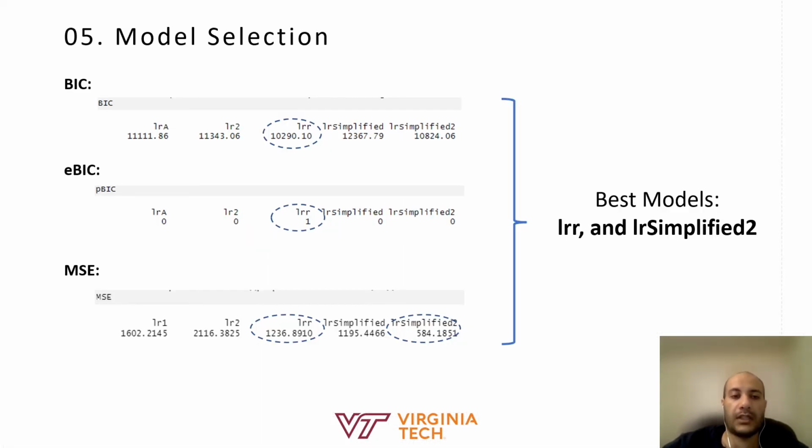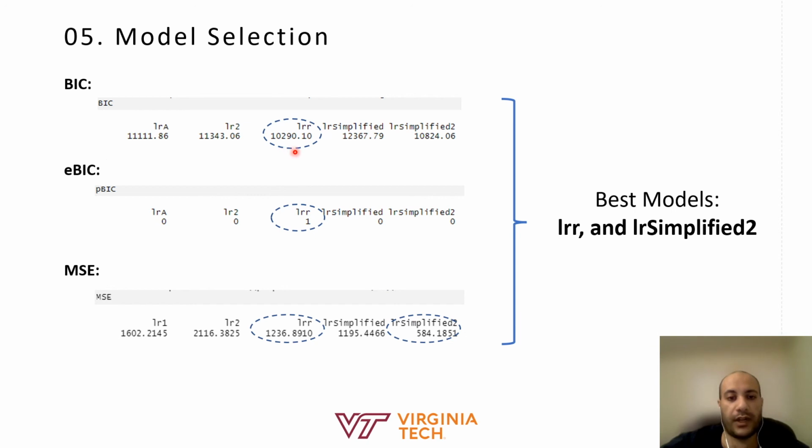What I did here is I divided the dataset into two, the test and the training sets. For the first part, the BIC and EBIC, I used the BIC for comparing the resulting models on the training set.